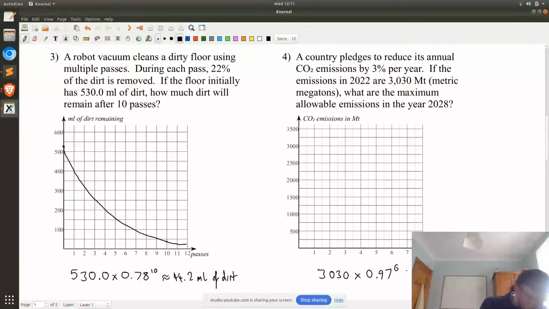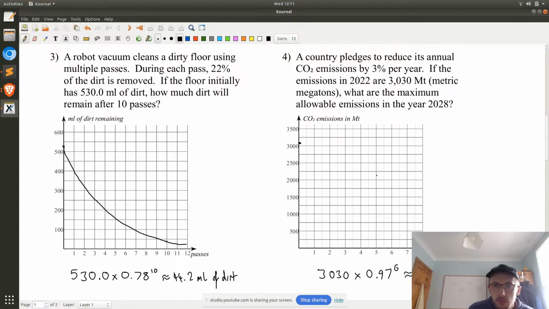So we type that in. And we obtain 2,524 metric megatons.